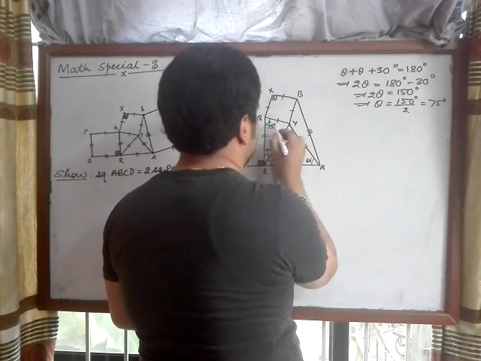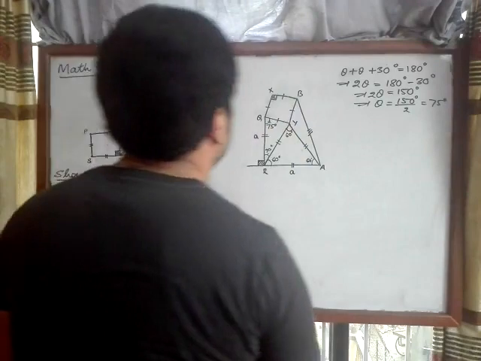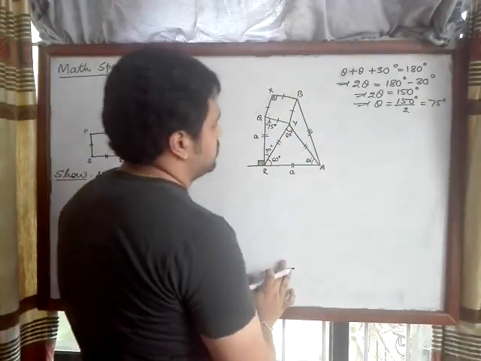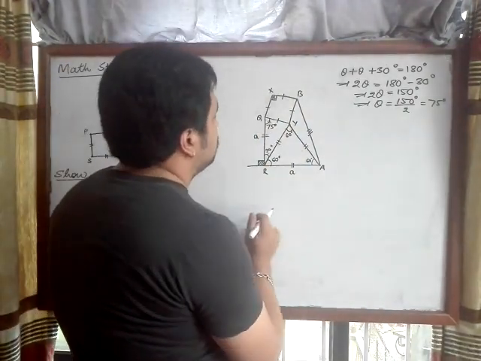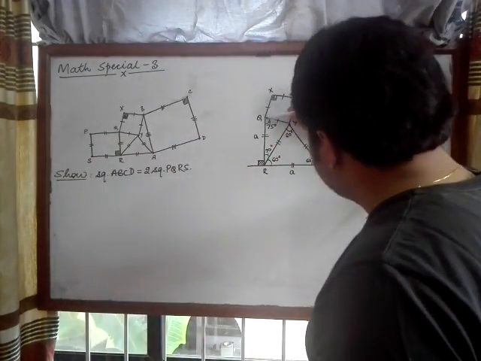This is 75 degrees. We don't need this angle, so I rubbed it out. This is 75 degrees. All right. Now, what we do is we join QA.